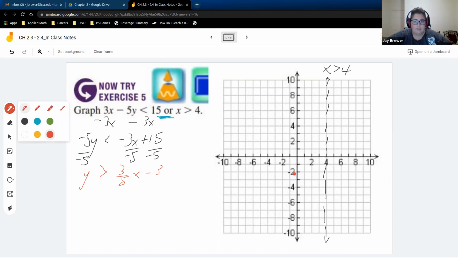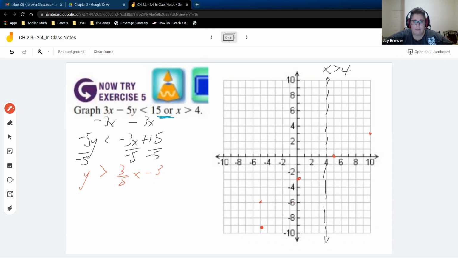So let's go to -3. And then we'll go up 3 and to the right 5. And we'll go up 3 and to the right 5. And we'll also go down 3 and to the right 5.